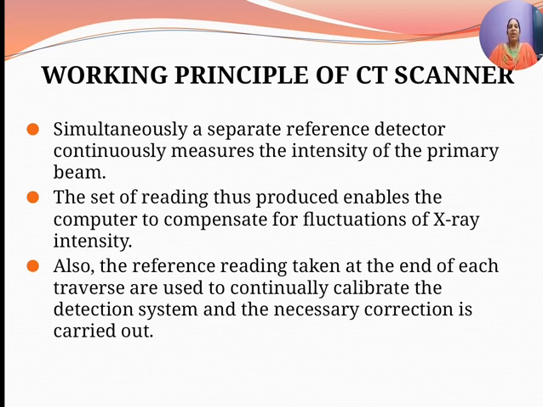The set of the readings thus produced enables the computer to compensate for fluctuations of the X-ray intensity. Also, the reference reading taken at the end of each traverse is used to continually calibrate the detection system, and the necessary corrections are carried out.